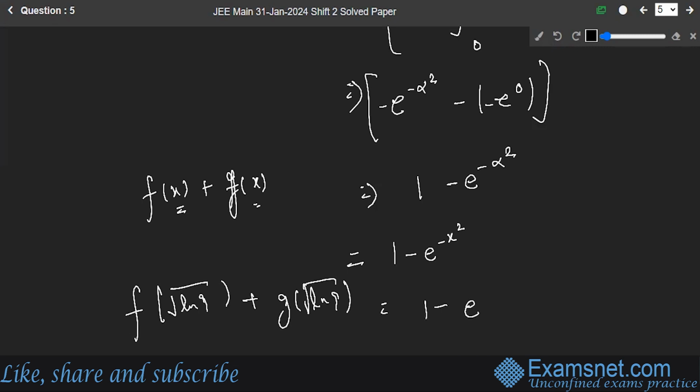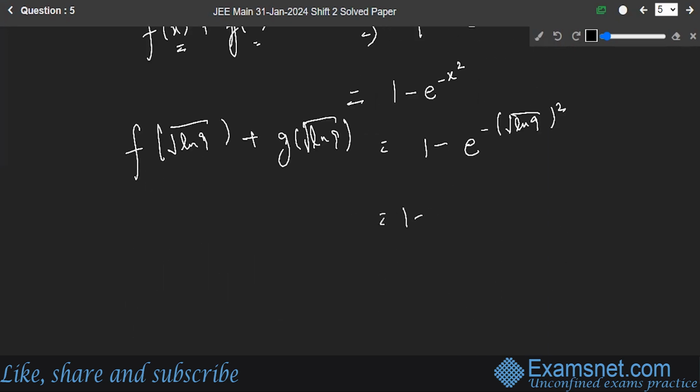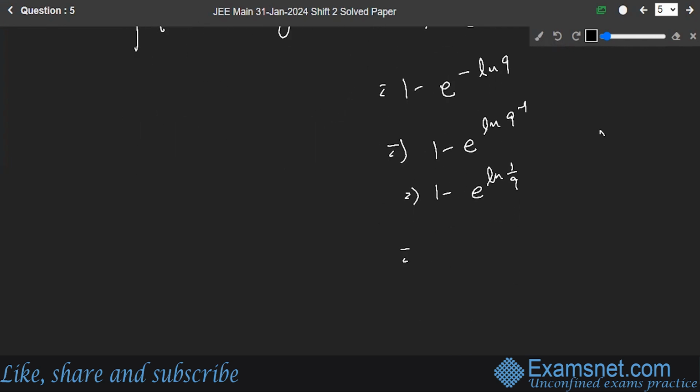This is equal to 1 minus e raised to power minus root of log of 9 whole square, which will be equal to 1 minus e raised to power natural log 9 raised to power minus 1, or 1 minus e raised to power log 1 by 9. e raised to power log of any variable is equal to that variable only. So this is 1 minus 1 by 9. This is equal to 8 by 9.